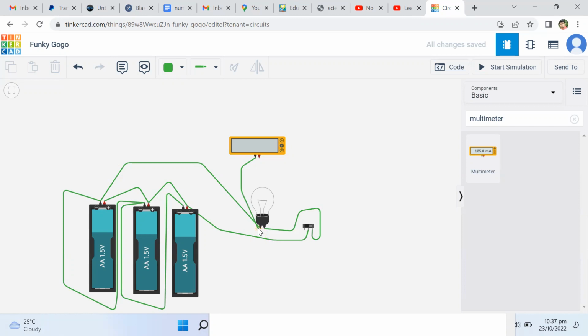You have to connect parallelly to measure the voltage. It's only 1.5 volts. It's only taking the voltage of one battery.